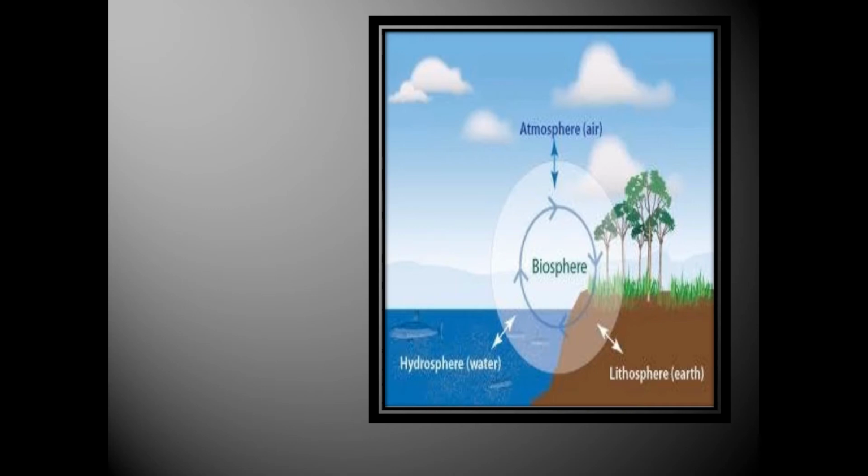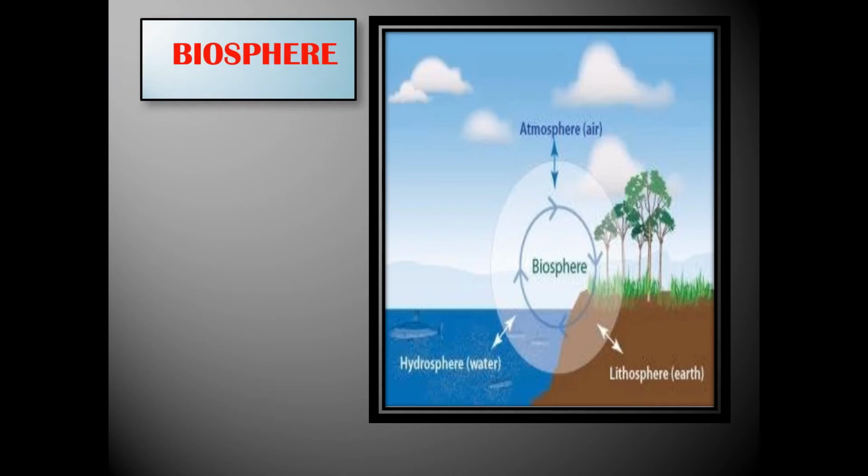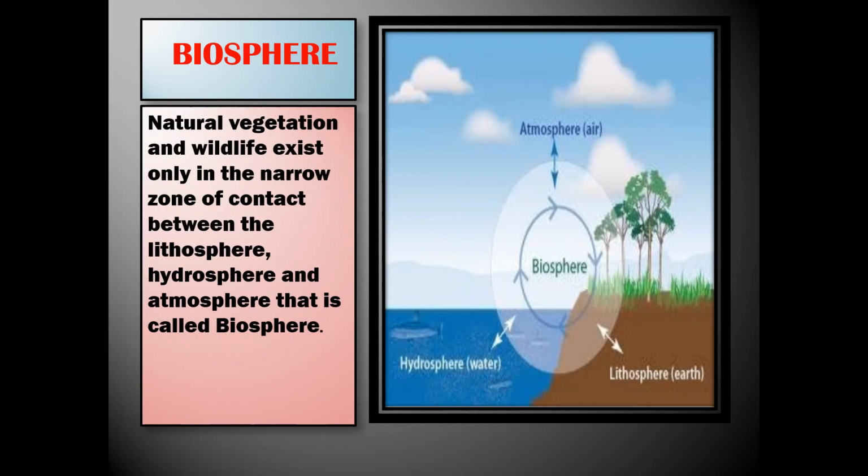So now let us talk about what the biosphere is. As we have already discussed, both flora and fauna are interdependent on each other. They can exist only in the biosphere. What is the biosphere? The natural vegetation and wildlife exist only in a narrow zone. The biosphere is the narrow zone of contact between the lithosphere, earth, hydrosphere, water, and the atmosphere, air.